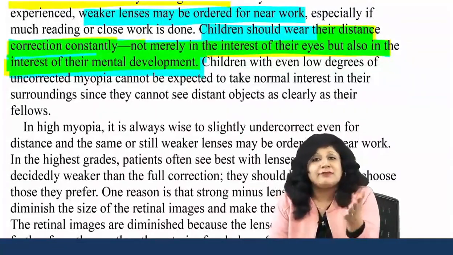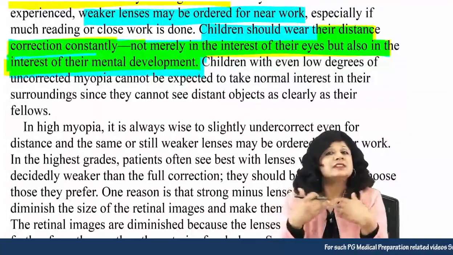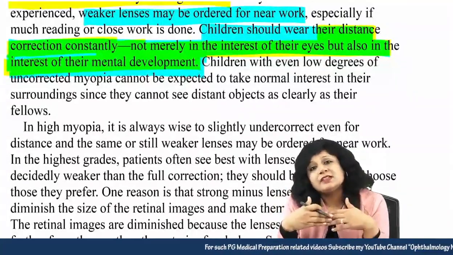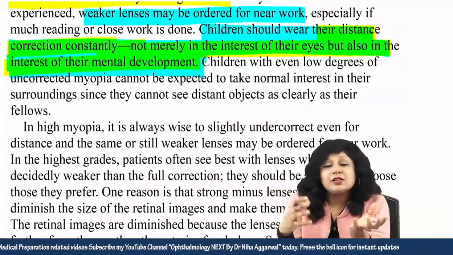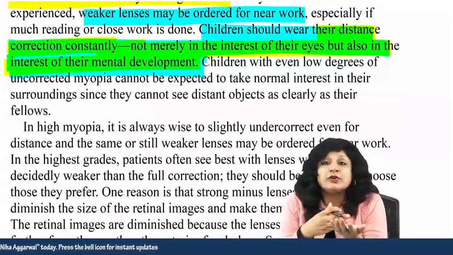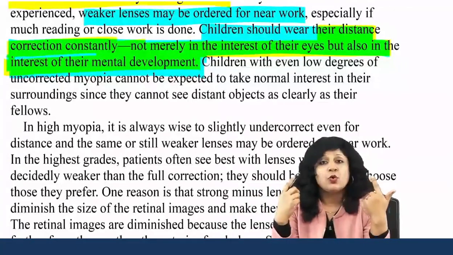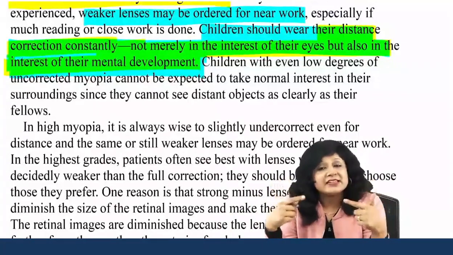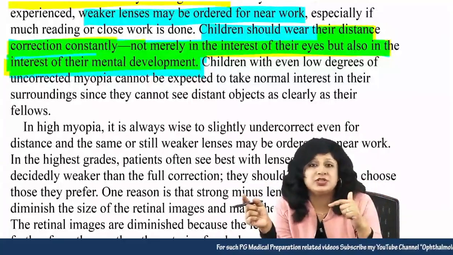Now if the child is not able to see distant things, the stimulus is not there, and that will not act as a stimulus for the development of binocular single vision. So this is not only physical vision, it is also mental development. The whole mental development, the personality, the IQ of the child actually depends upon how constantly he or she is wearing the spectacles.